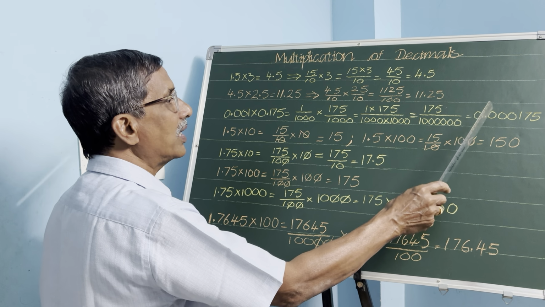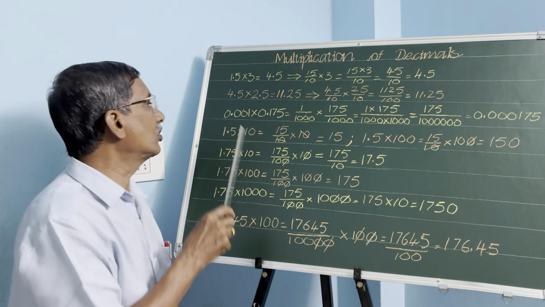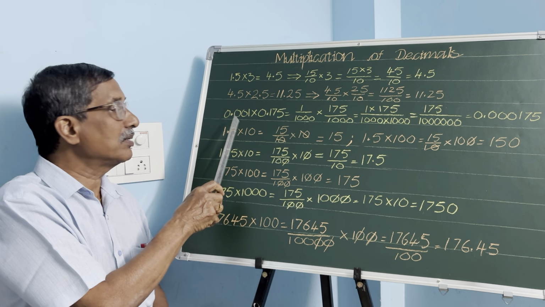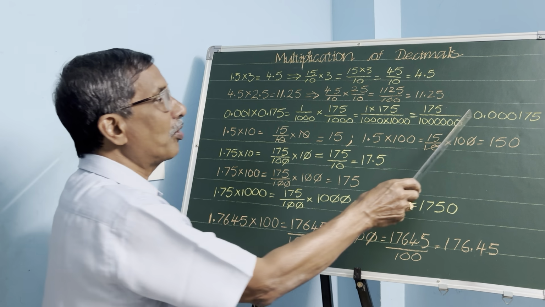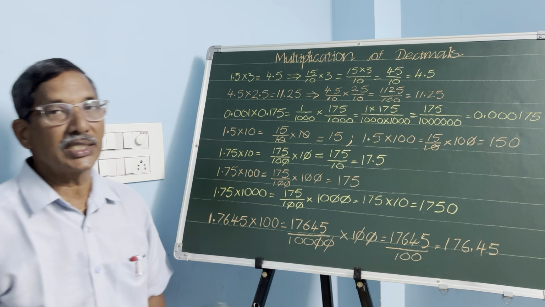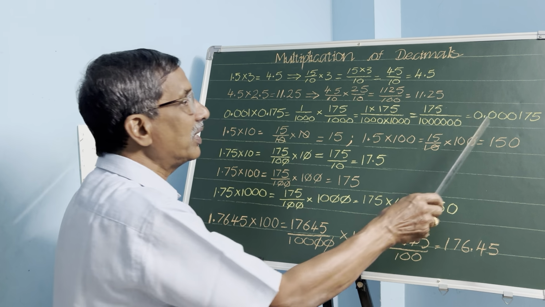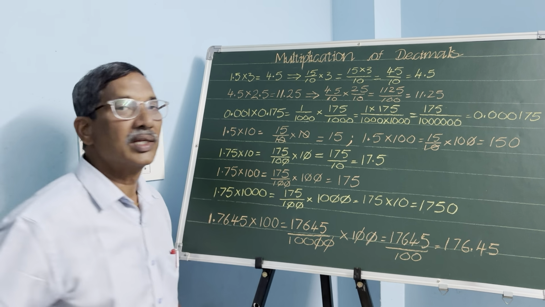So 0.000175. Here in the multiplicand we have 3 decimals, in the multiplier we have 3 decimal points, and in the product we have 6 decimal points. To complete the remaining decimal points, we write zeros after the decimal point and before the whole number.